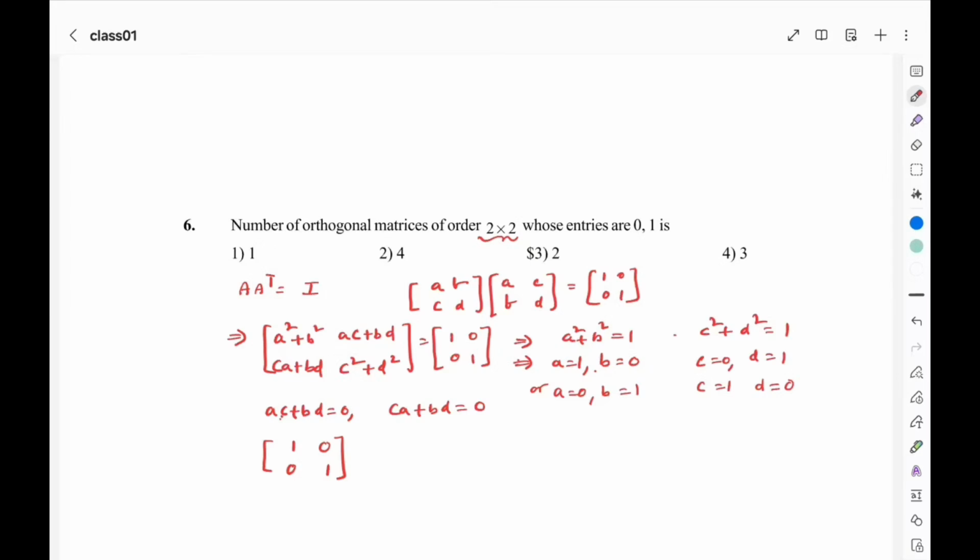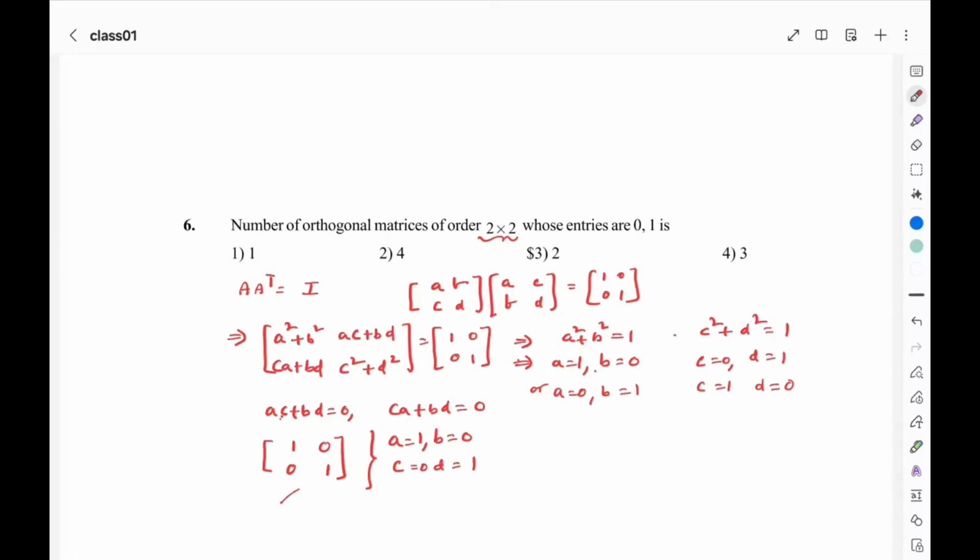Which option am I taking here to construct this? I am taking A1 B0, and here C0 D1. Then AC becomes 0. This is possible.